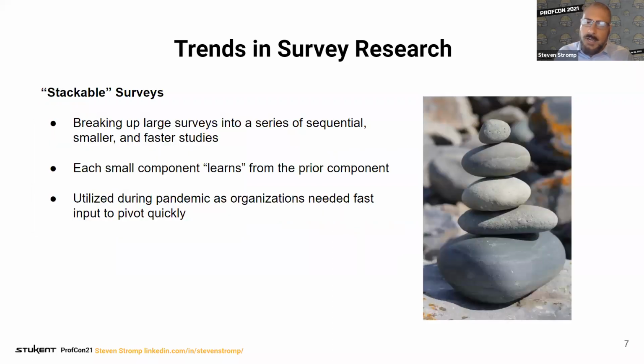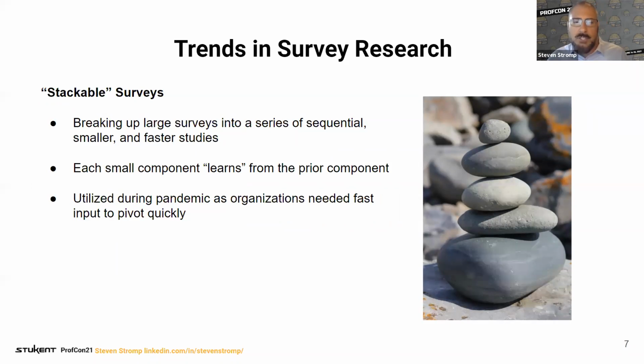So the first one, and I think we've all seen this a little bit through the pandemic, is just the prevalence of what we're calling stackable surveys. So we start to see longer surveys being broken up into smaller surveys and dispersed over time. I think the key here is that second bullet: each component of a stackable survey is learning from the prior component.